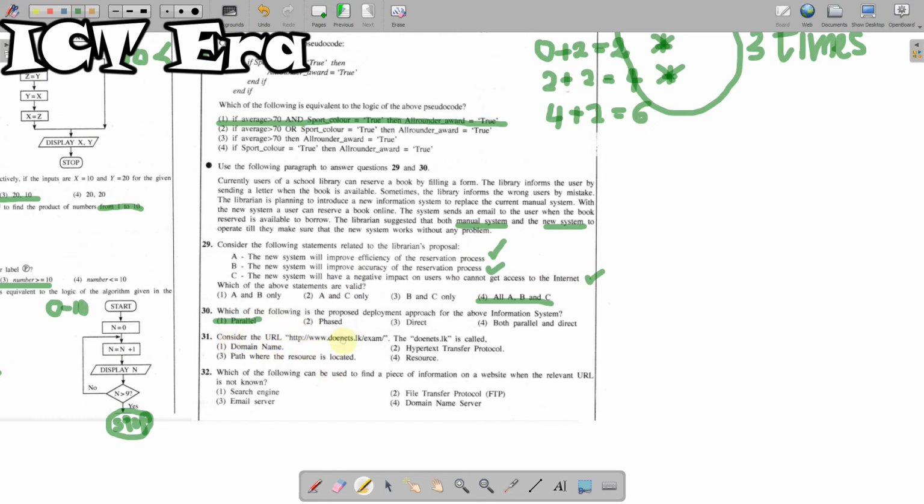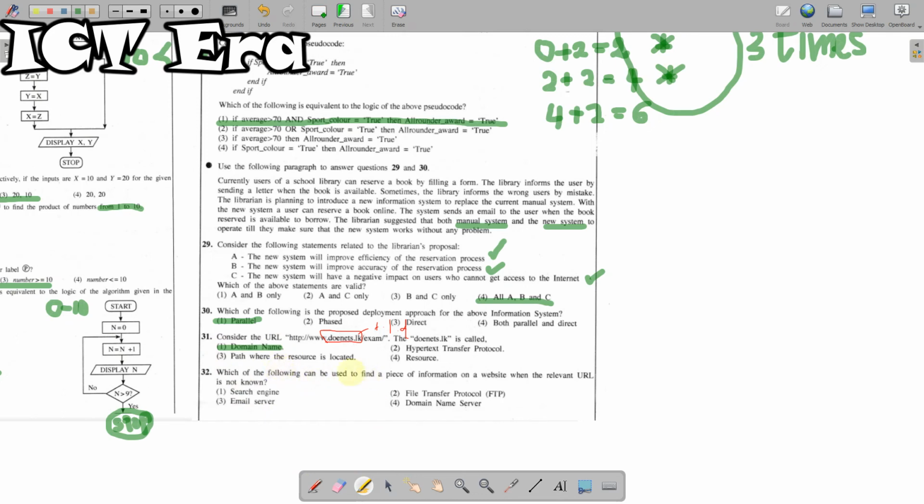Consider the URL. The doenets.lk is called the domain name. From this domain name, .lk means the top level domain. Same as this question, a question came in the 2016 O-level also.